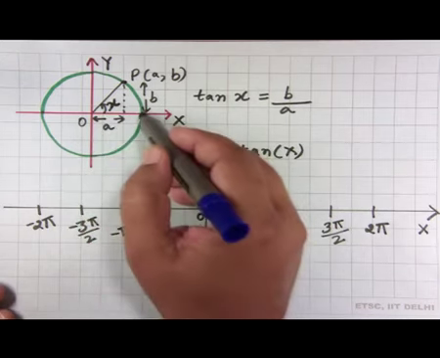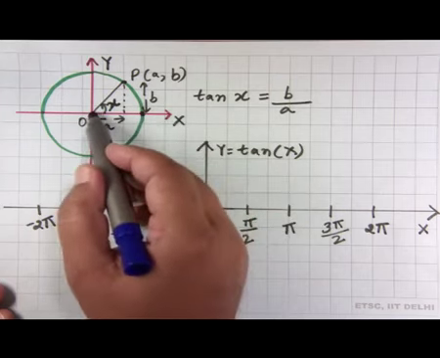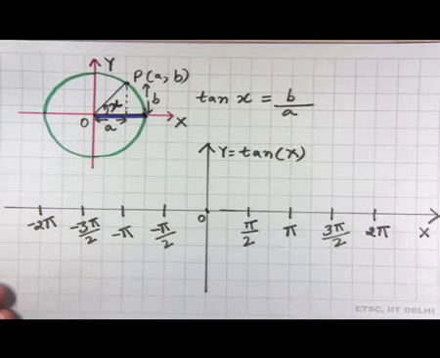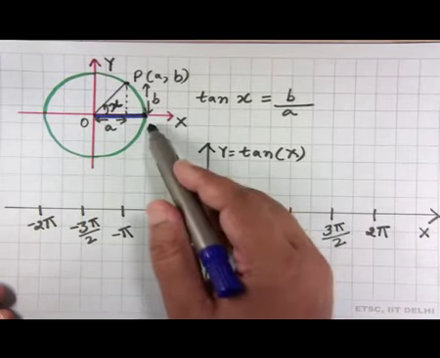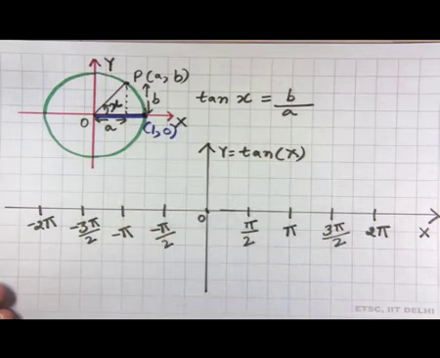Because there is no rotation, this OP is over here, and the coordinate of this point is 1, 0.